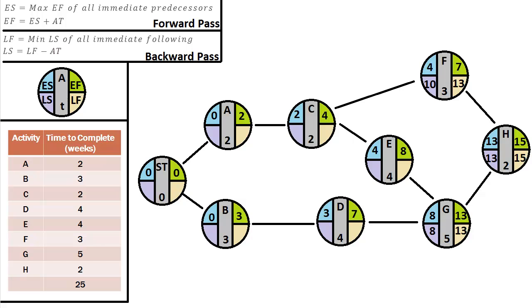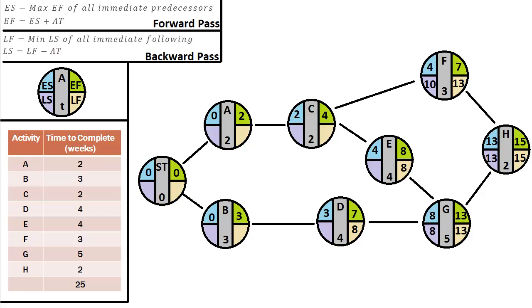So that will be our LF in E. And the same thing for D. D only has one immediate follower, and that is G. So the purple in G, which is the LS, will be the LF in D. So 8. And there we go. Now we can go ahead and go to C.